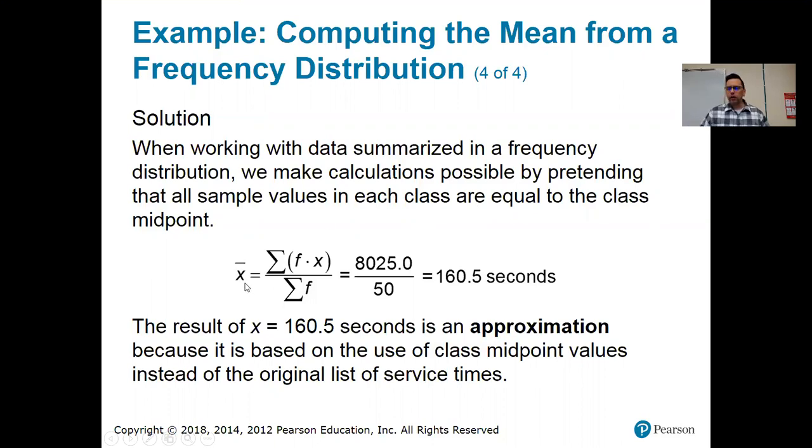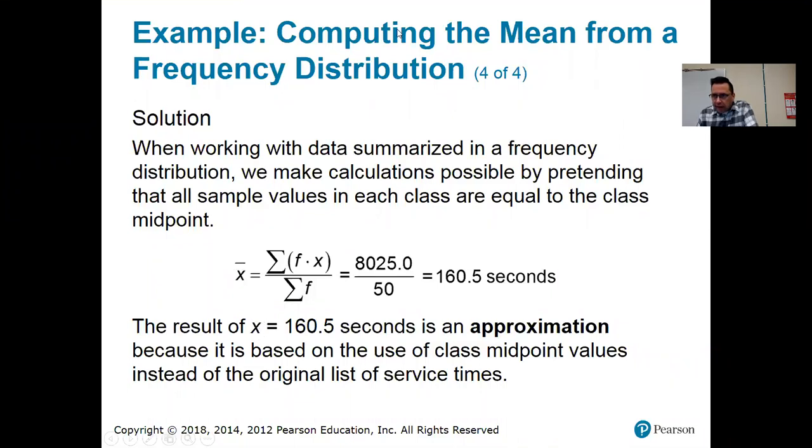Okay, so your sample mean is going to be add up each frequency times midpoint, and that gives you the 8,025 that you saw on the last slide, and then divide by 50, and to one decimal place that comes out to 160.5. So my approximation, and I just noticed a typo here, this X here should be an X bar.